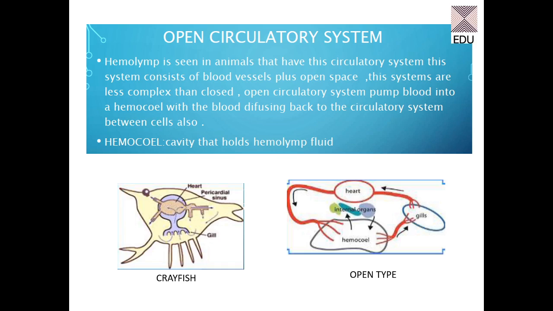If you see the right side diagram, which shows the open type of circulatory system, this is the heart. From the heart, the blood goes towards the anterior side of the body. This blood reaches an open space which is called the hemocoel.